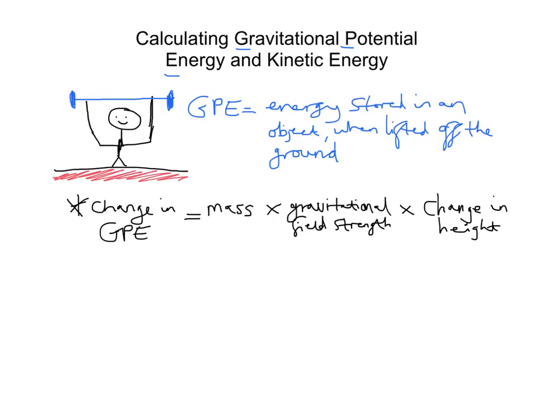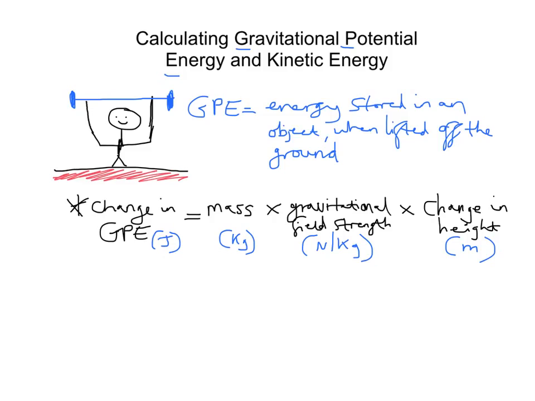Now let's put some units to this. Because we've got a change in gravitational potential energy to begin with, the units for that would clearly be joules. The units of mass we take as kilograms. Gravitational field strength would be newtons per kilogram. And the change in height we take as meters. Now there are symbols that we can use to represent each one of these things.